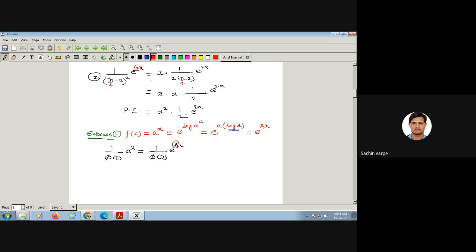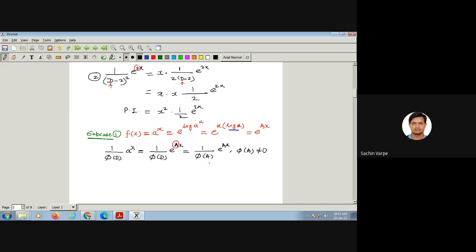The case says replace this D by A there. So 1 upon phi at capital A e to the power Ax, isn't it? Where phi of A must be non-zero. If this is zero, then further we will take the derivative of this phi of A by multiplying the whole operator by the independent variable.